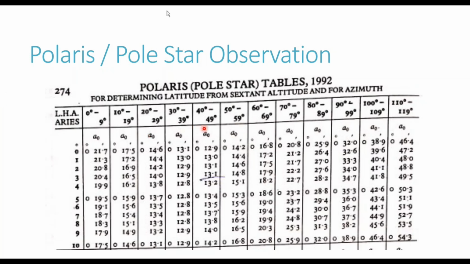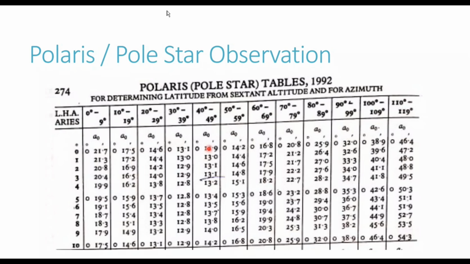When you enter into any of the columns, let's say for example, we take this column of 40 to 49 degrees. Once you enter into the column, you will see on the left hand side, the degrees are mentioned. So 0 stands for 40, then 1 stands for 41, 2 for 42, 3 for 43, that way.